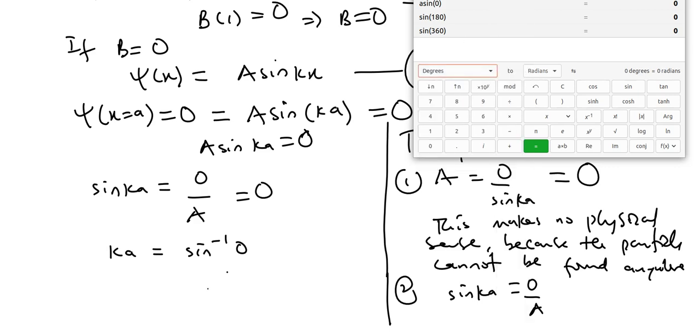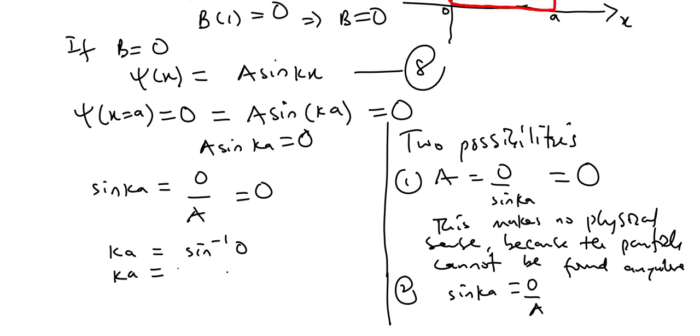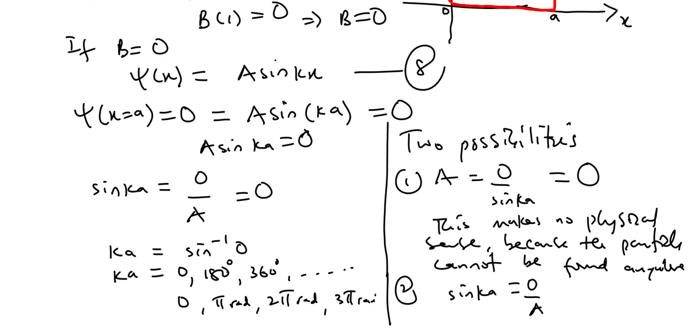So this Ka can be 0, 180 degrees, 360 degrees, and so on and so forth. This is 0 in radian, this is pi in radian, this is 2 pi in radian, 3 pi, 4 pi in radian, and so on.